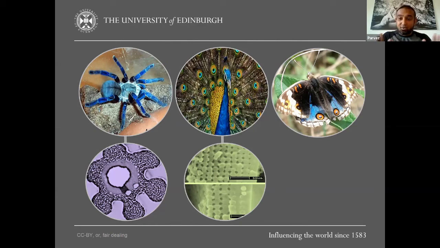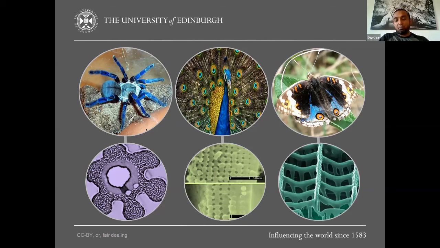So by altering the spacing distance between the blobs, they can change the color from green to brown to bluish and so forth. And when it comes to Junonia butterflies, they use these very complex diffraction gratings to control coloration.